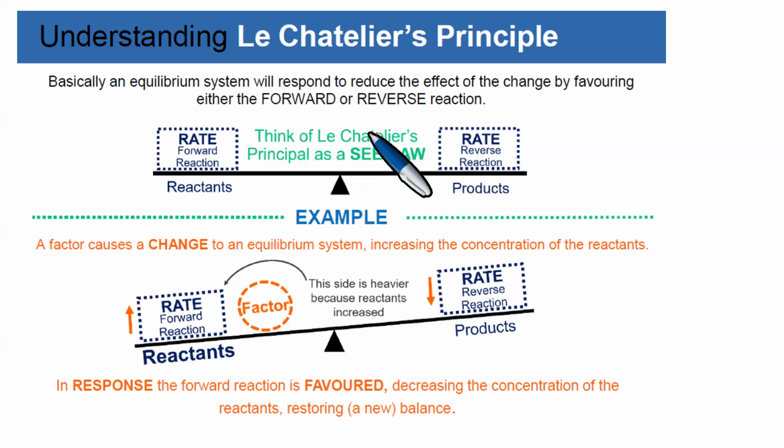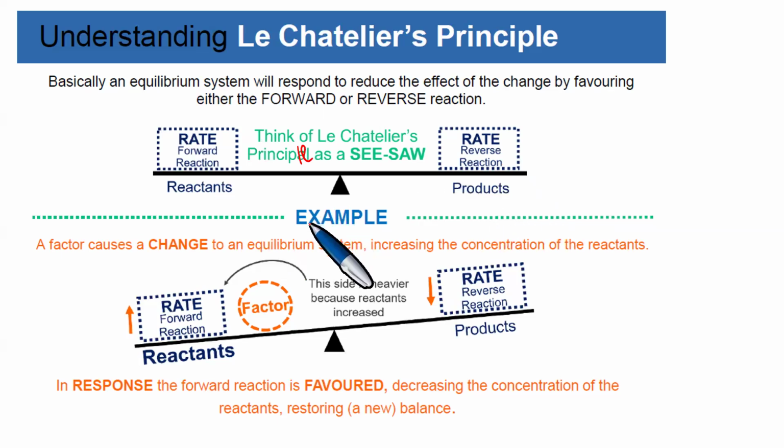Now, think of Le Chatelier's principle as a seesaw. You have the rate of the forward reaction and the rate of the reverse reaction on this side. We have the reactants here and the products.